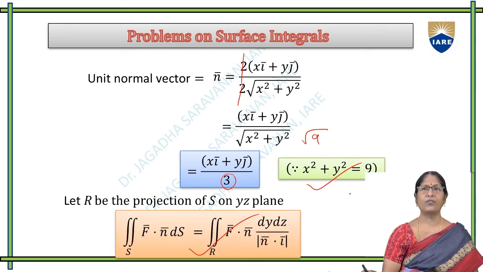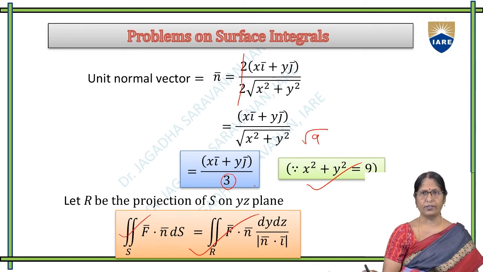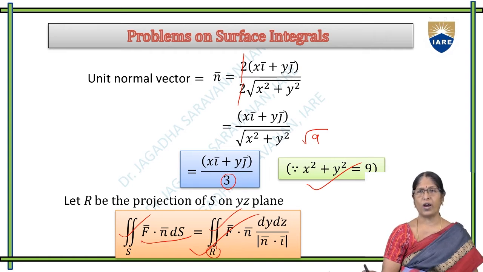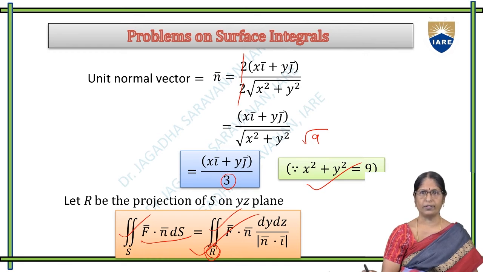So this is the surface integral formula: the double integral over the surface of F dot n dS equals the double integral over the region R of F dot n dy dz divided by the absolute value of n dot i. Here R represents the region, whether it is YZ, XY or ZX. Here we are using the YZ plane, so the x dimension relates to the normal vector, n dot i.